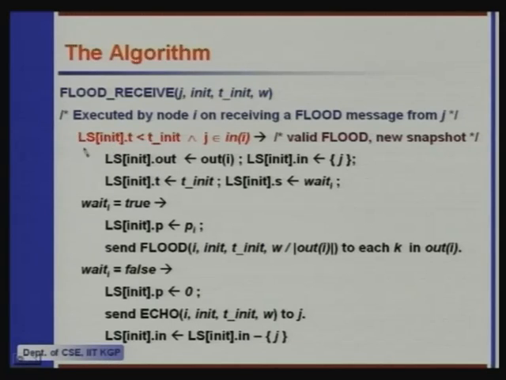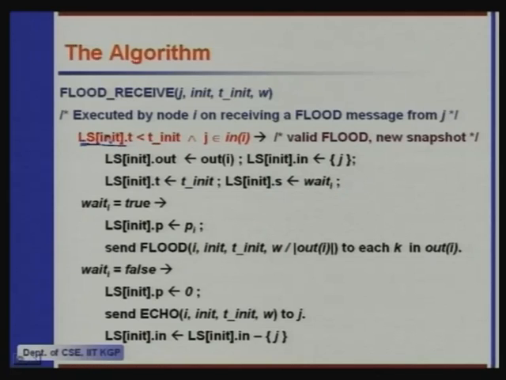Now, please understand this. What does this ls init give? Ls init is the data structure kept at node I for waves initiated by init. So, for each initiator, this ls data structure has a record.